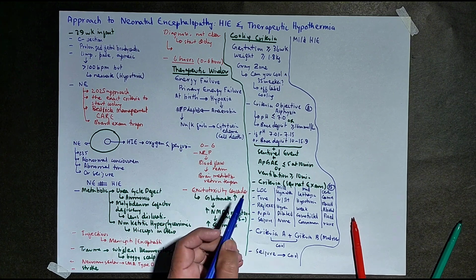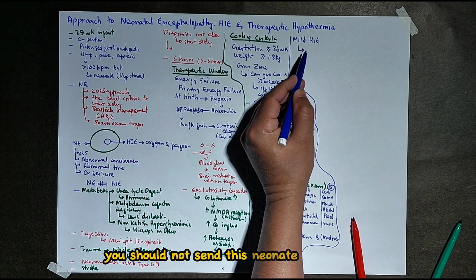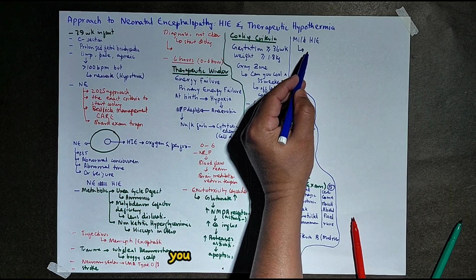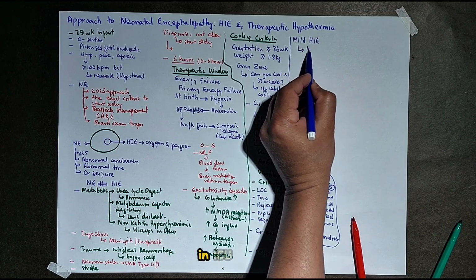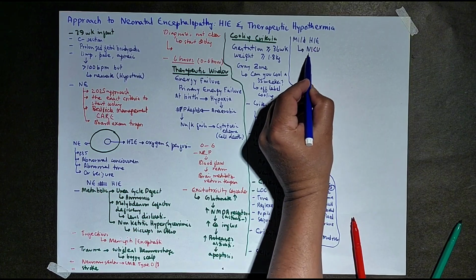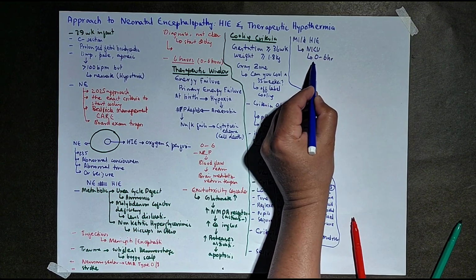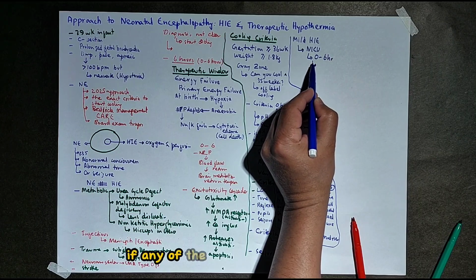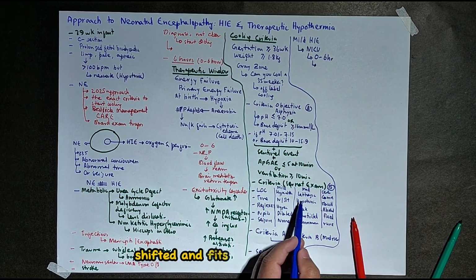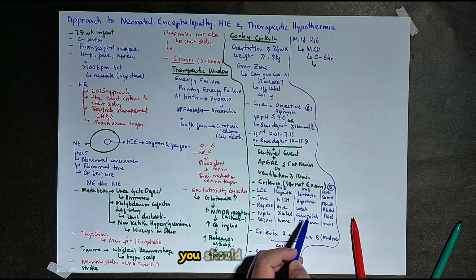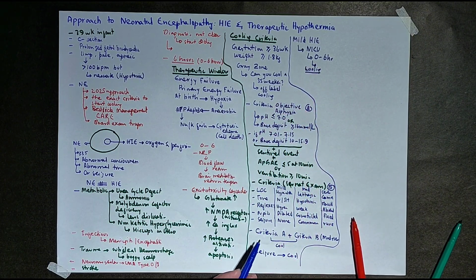So, for mild HIE, you should not send this neonate to the ward; you should examine in NICU for 6 hours of life, that is from 0 to 6 hours. If any of the examination criteria shift and fit in moderate, you should start cooling that baby.